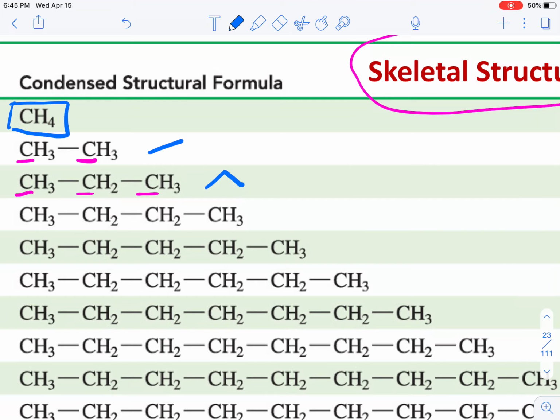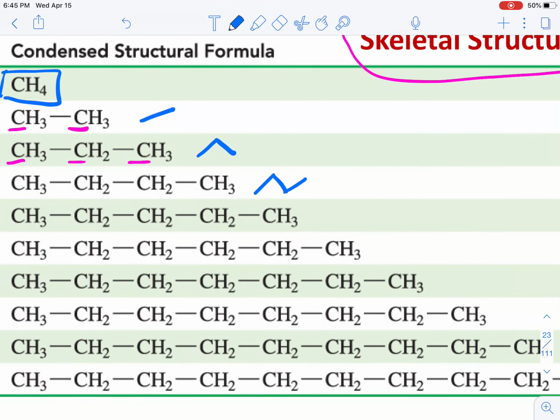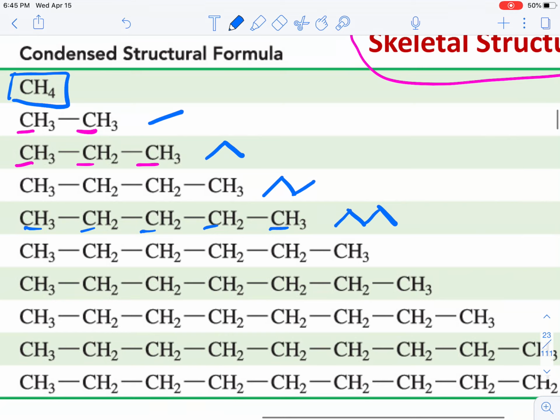For butane, it's 1, 2, 3, 4. For pentane, we have 1, 2, 3, 4, 5. Pentane is kind of like an M, or like Mario, and if you flip it upside down, Wario, or W. Both of them are equivalent.